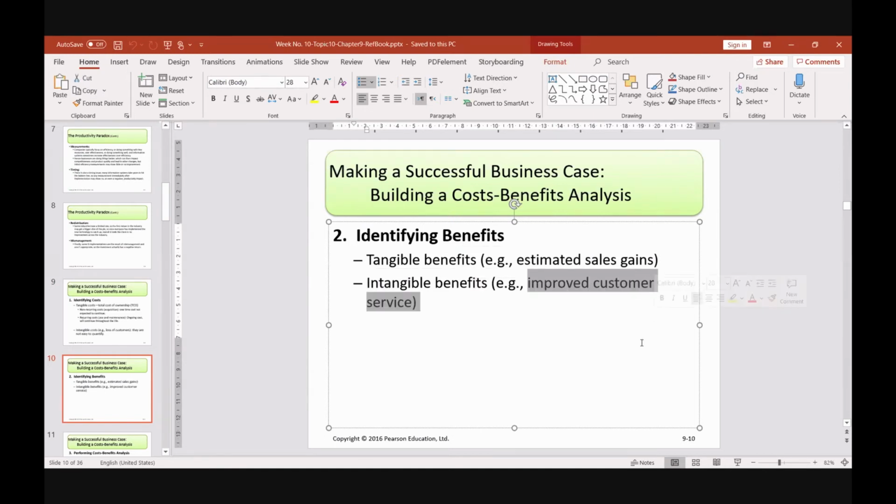You improved your customer service, so automatically more customers will be attracted to your product. So you have to include this in the business case when you are presenting to your president. What are the costs and what are the benefits, both tangible and intangible, and the continuing cost and benefit as well.